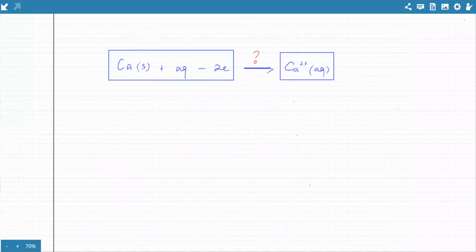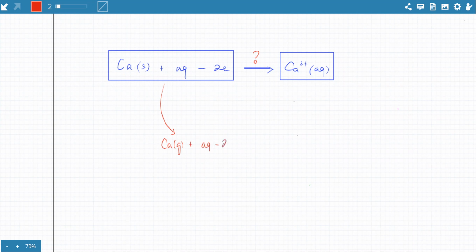Last time we saw that we know the energy change for changing calcium solid to calcium gas. Is this clear, Amal?